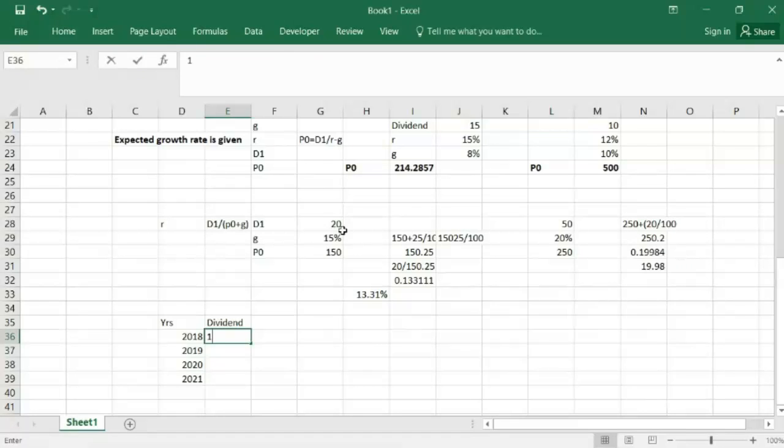Like the dividend is given as 10 rupees, 12 rupees, 8 rupees, and 14 rupees. So the P0 is calculated in the beginning. It is like the end of 2017 or the beginning of 2018, it is calculated for the dividend.